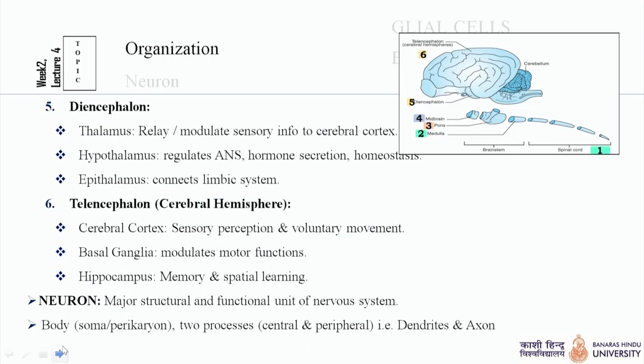Then the next important part of the brain is the diencephalon. The diencephalon has 3 important regions. One is the thalamus, and above the thalamus is called the epithalamus. Epi means above, and hypo means below.